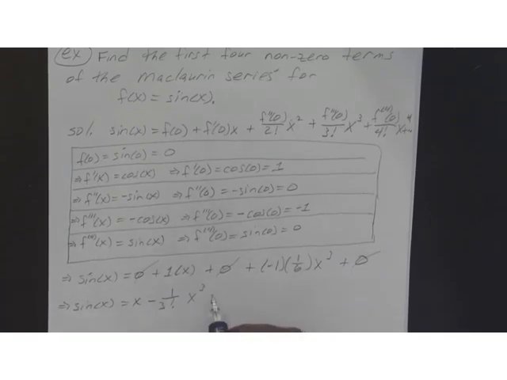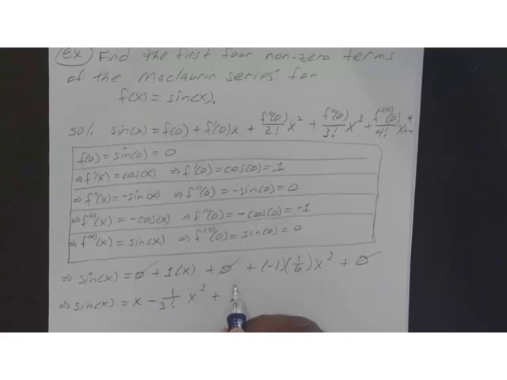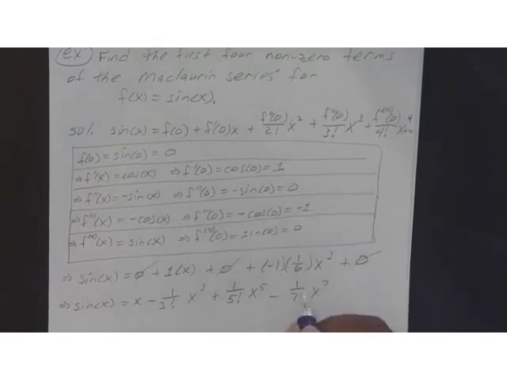And if we kept going, it would be plus 1 over 5 factorial times x to the fifth power. Then it would be minus 1 over 7 factorial times x to the seventh power. And then it would just keep going in that pattern.